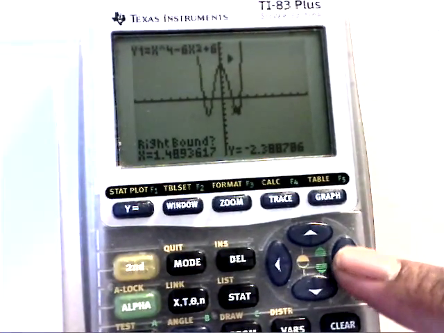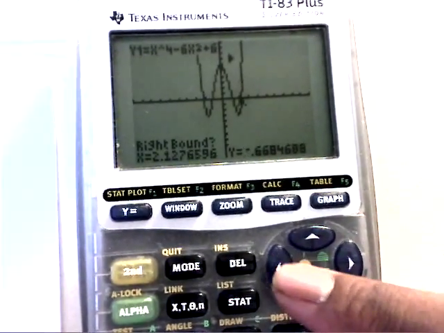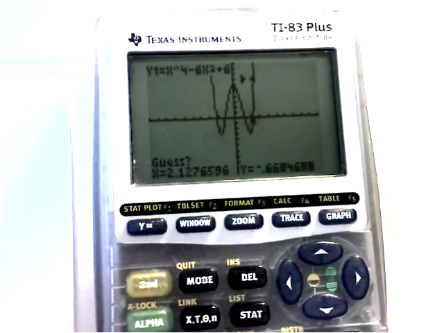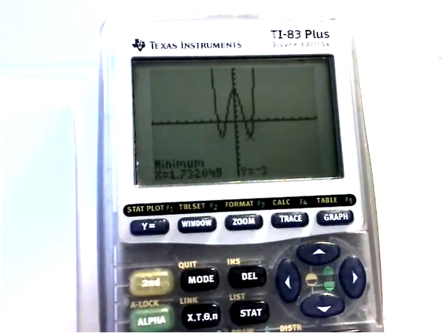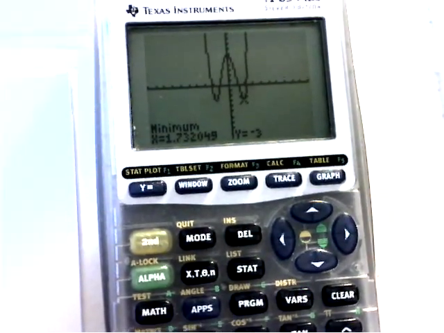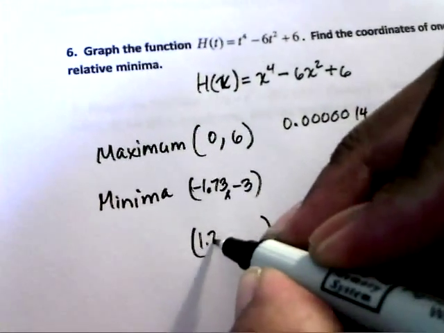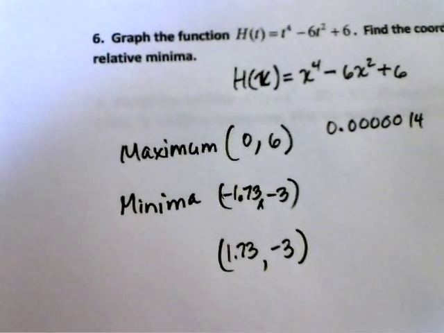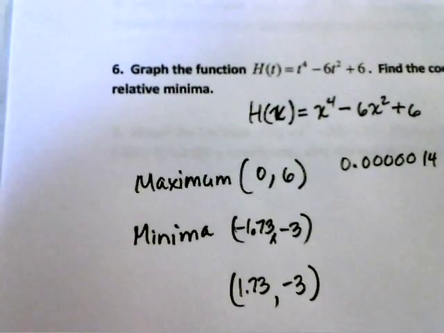Then for the right bound, the blinking cursor needs to be on the right-hand side of the lowest point of that graph, like I have here, and then press enter. Then after guess, press enter. And this one is a positive 1.732, and y is negative 3. Okay, notice that you have to write both the x and the y coordinates for your maximum and your minimum point.